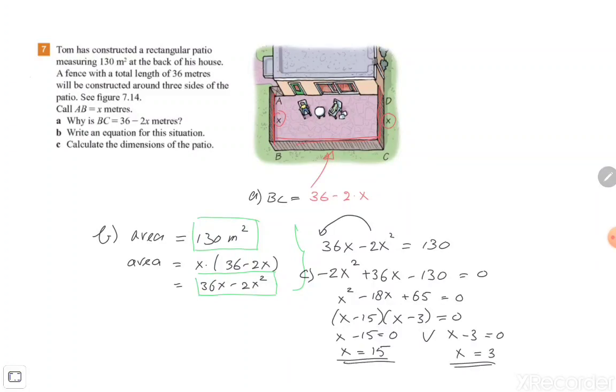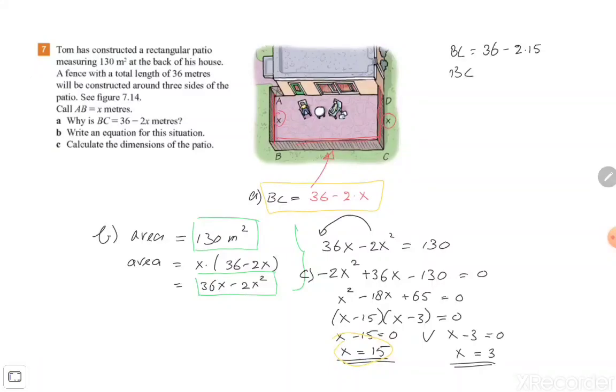Alright. So we have two solutions here, because I find two positive numbers. But if I look at the dimensions and the very important information that BC was 36 minus 2x, and if we fill in, for example, x is 15, then you get for BC 36 minus 2 times 15.